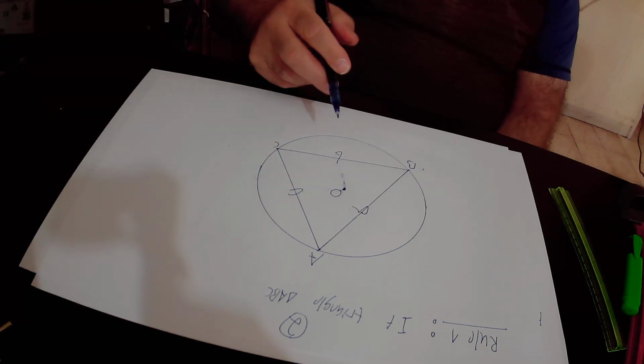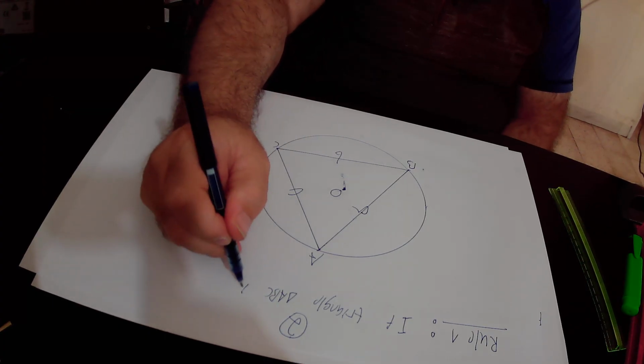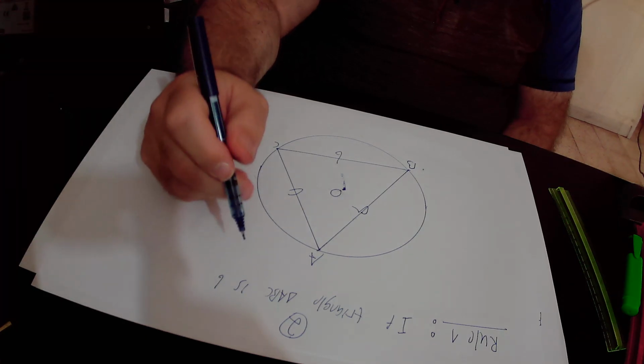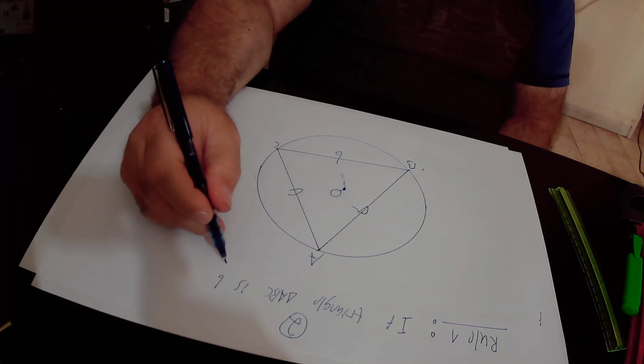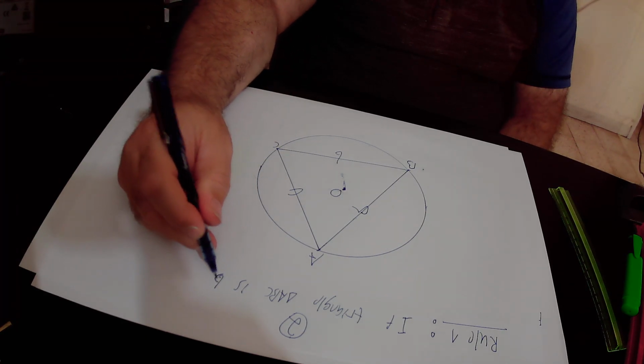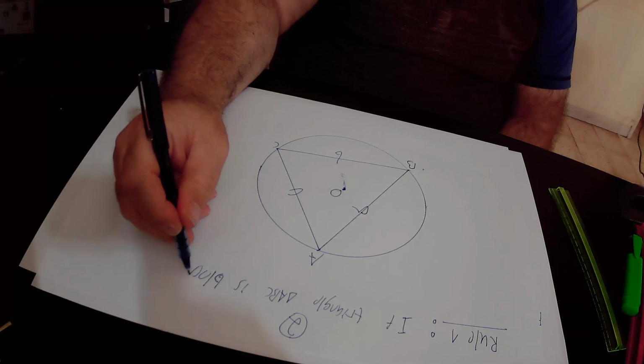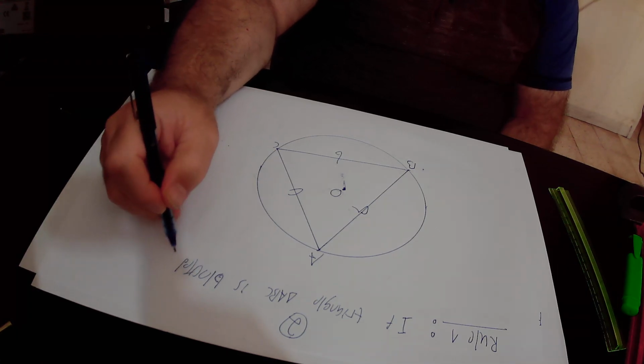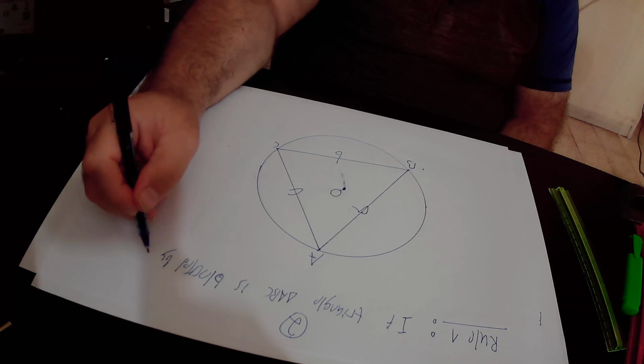So if triangle ABC is blocked, triangle ABC could be any triangle, is blocked by a circle.